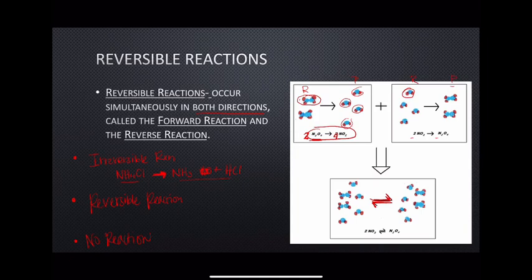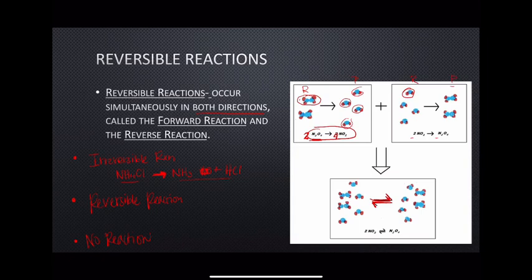Okay, so you'll start at the beginning with all of your reactant, and it'll start to turn into product. And then as that product starts to accumulate, it will go back and switch back into the reactant. When those accumulate and the other runs low, then it will convert back to the product. And so that's what's known as a reversible reaction.